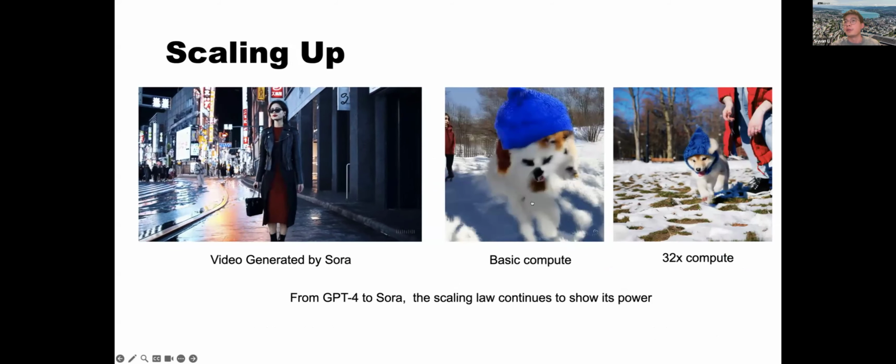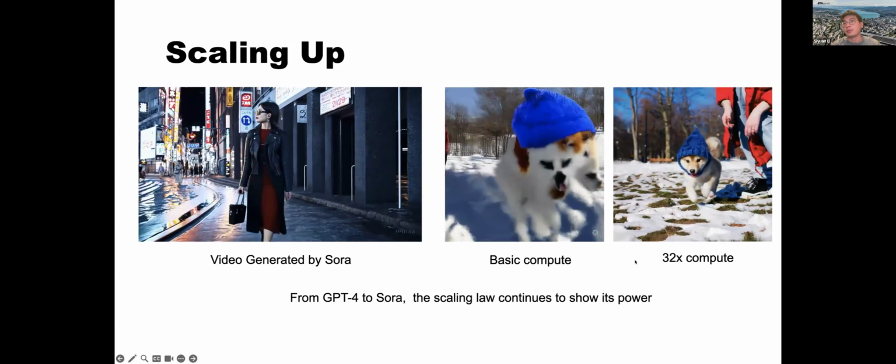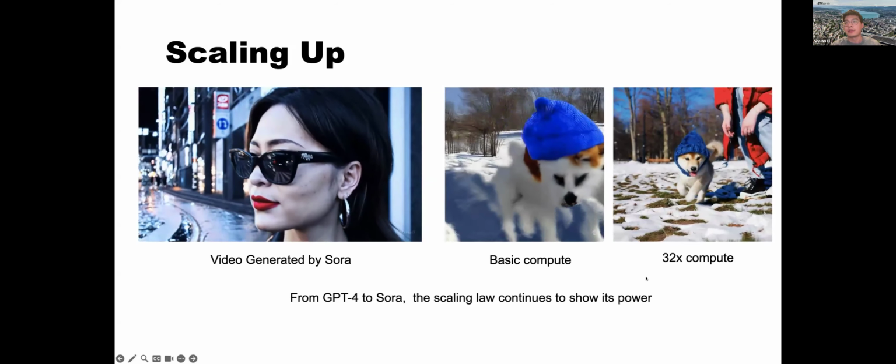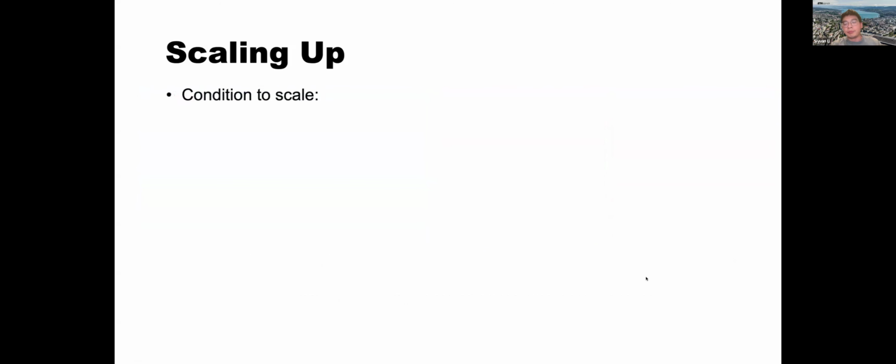They have a very interesting ablation study that actually shows that with more compute, data and larger networks, you can generate far better results. So that leads to the question: what is the condition to scale for the tracking task?